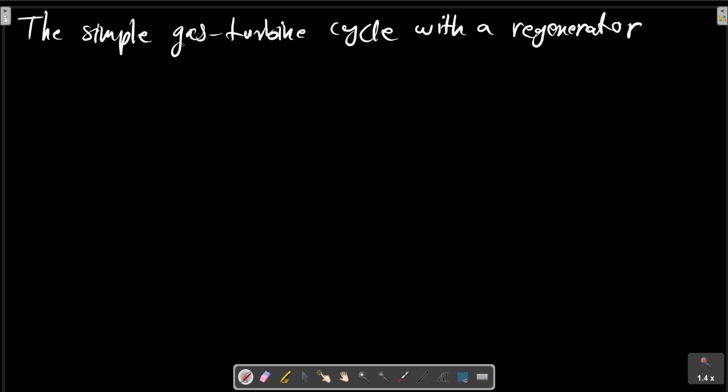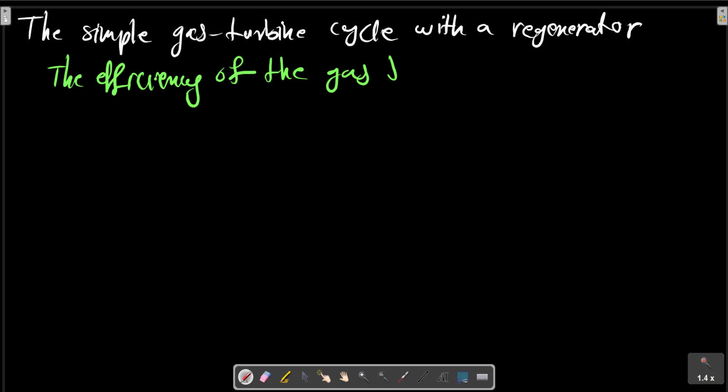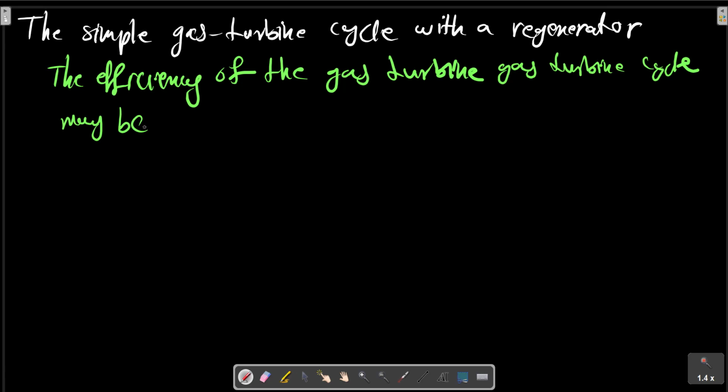The efficiency of the gas turbine cycle may be improved by introducing a regenerator.